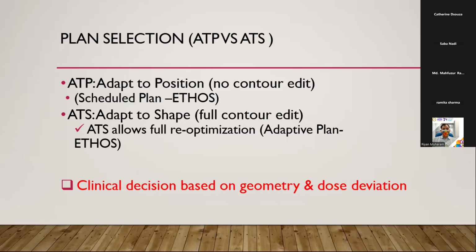And in case there is a change in the shape of the volume, where there is weight loss in the patient, a new plan is required to be generated with full re-optimization, so that all your constraints will be achieved. When that is done, the adapt to shape planning selection will be made and utilized for the treatment of the patient.